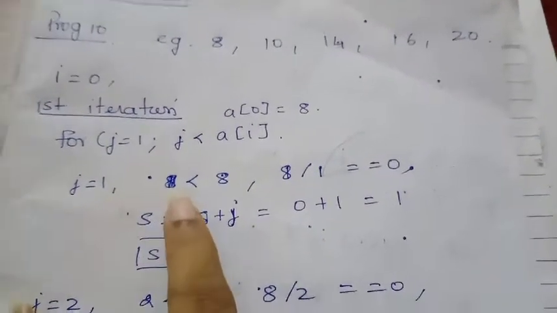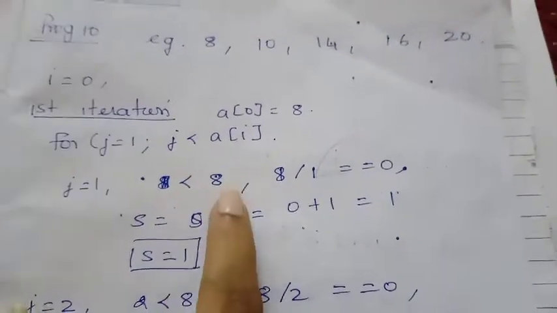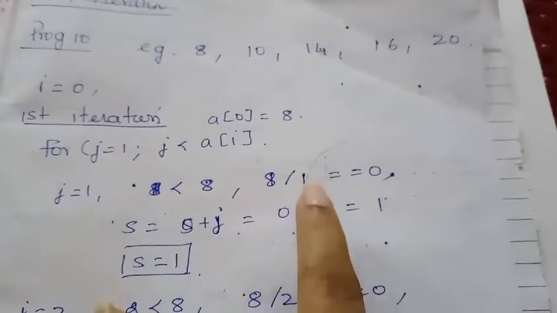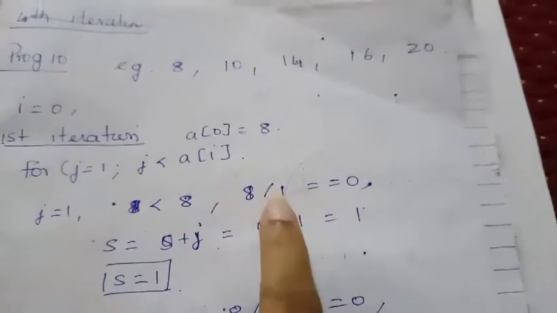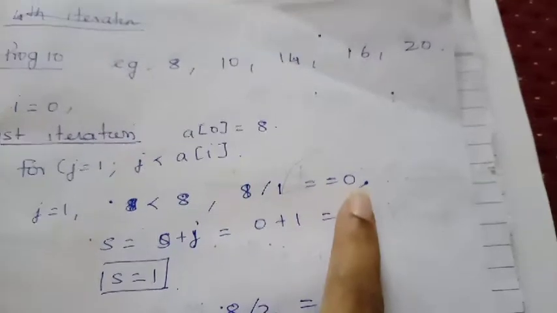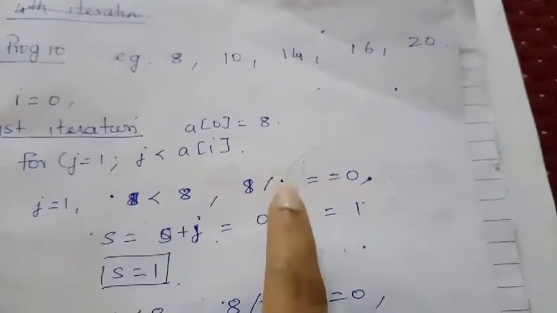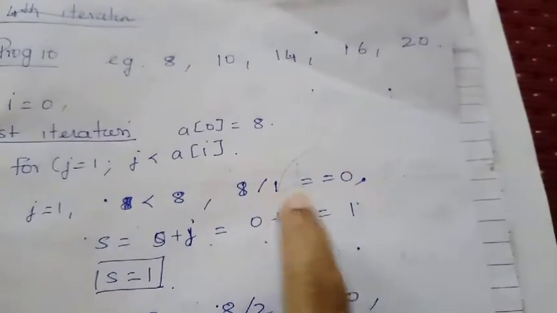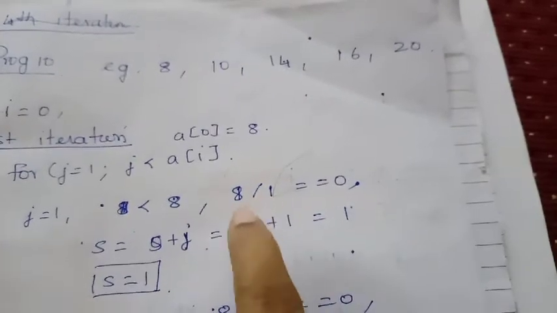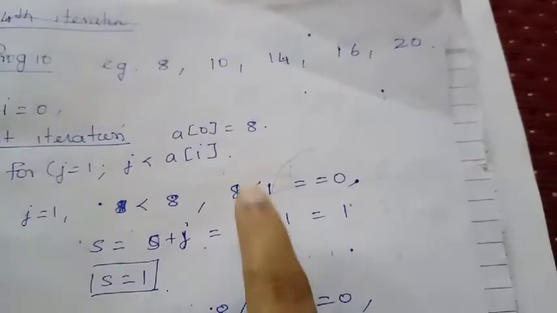Then j is equal to 1. So we are checking 1 is less than 8. Then is 8 divisible by 1 or not? 8 mod 1 is equal to 0. By mistake I had written it as divide, this is mod.